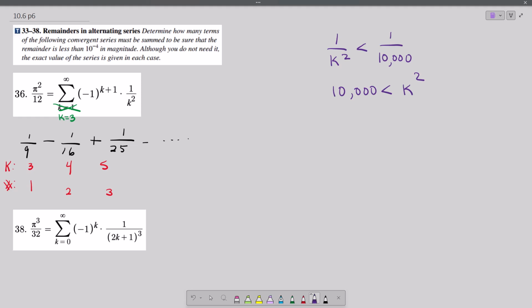Everything's positive, so we can take a square root. The square root of the left side is 100, and the positive square root of that is k. So what's the first k value that we have as a solution? k equals 101. That's the smallest k value that satisfies the inequality.